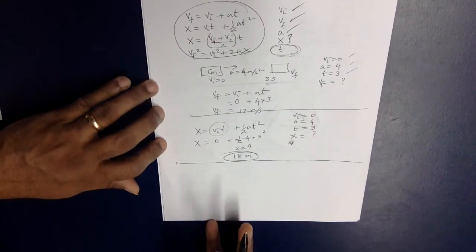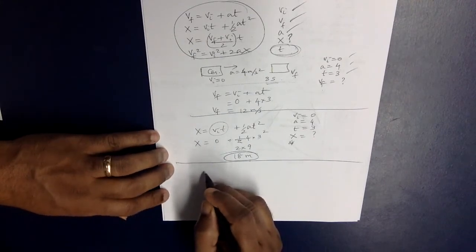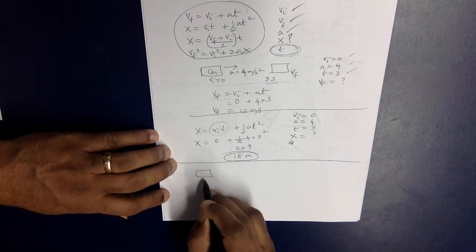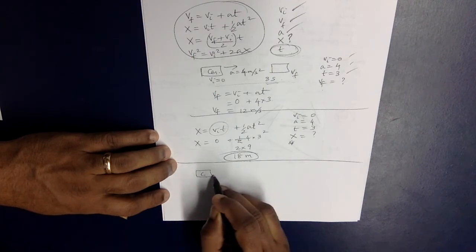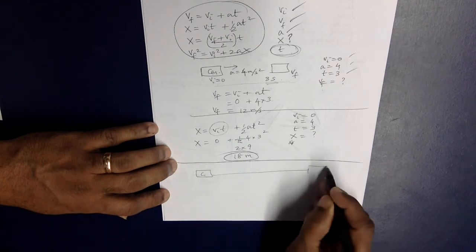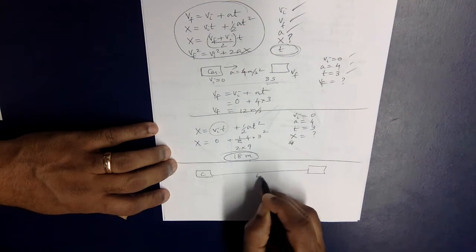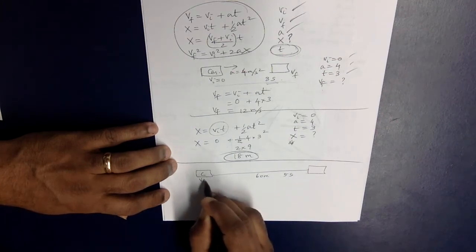Let's say a car starts from rest. A car starts from rest, and after 5 seconds the car has gone 60 meters. It starts from rest.